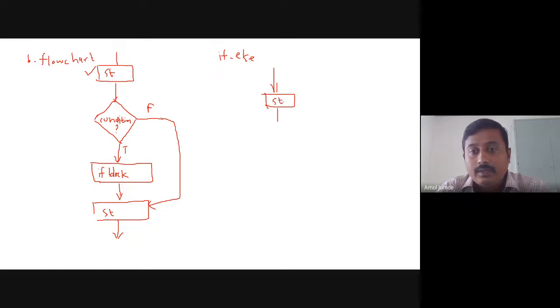Then we will come to that condition part. So we'll have the diamond, right? In this diamond we will be evaluating the condition. This condition is a boolean valued function, so it will give true or false.